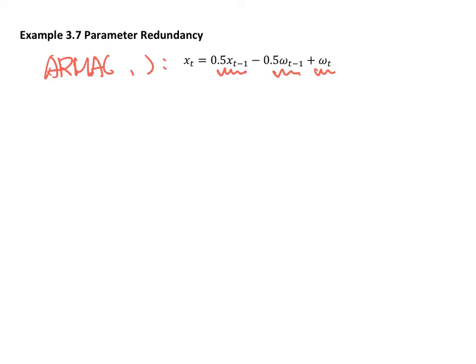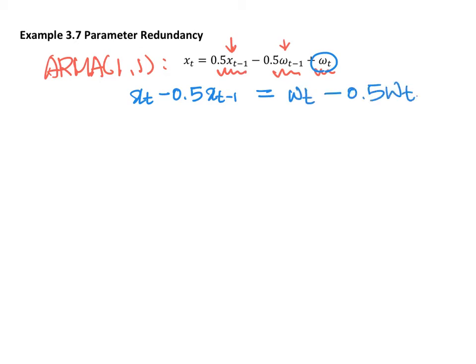We have 1 p here and 1 q there. So it's the ARMA(1,1). I can rewrite it as x t minus 0.5 x t minus 1 is equal to, let me put w t first, w t minus 0.5 w t minus 1.